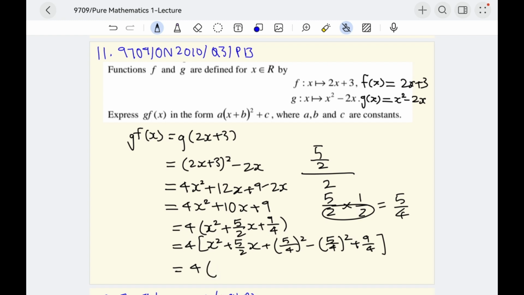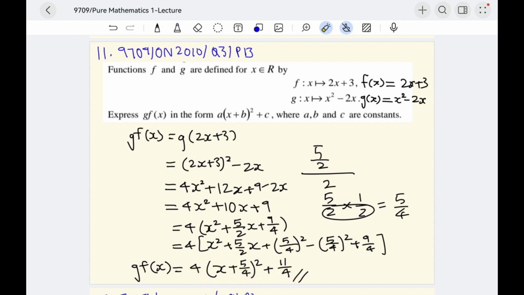So you may factorize in this form. Yeah. So here is your answer of gf(x) in the vertex form, where these three are constants and real numbers.